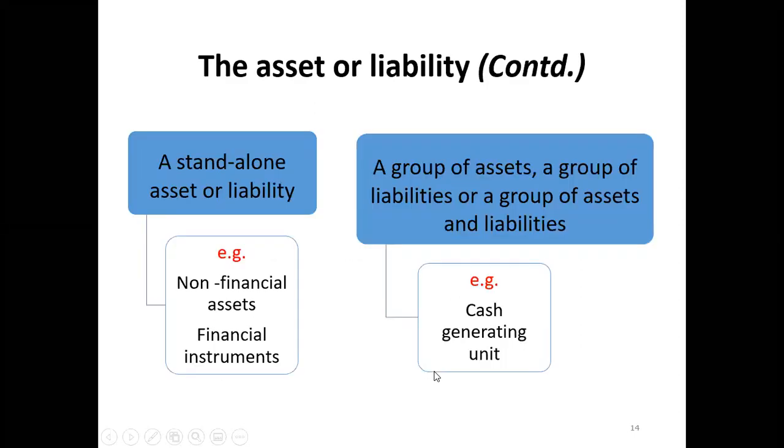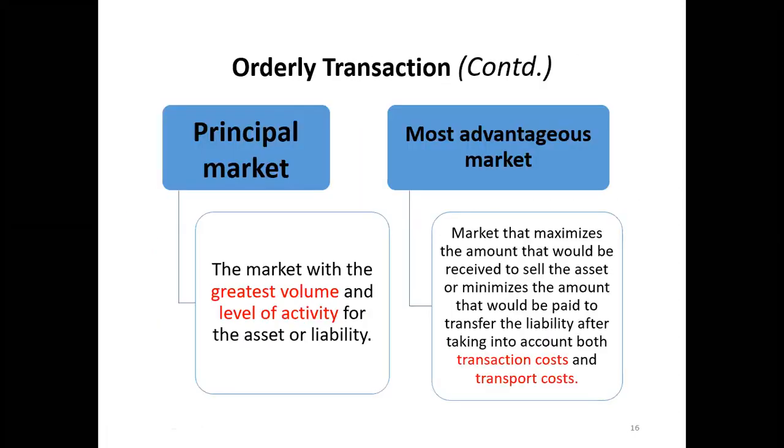This fair value is decided in either of these markets. In the sense, the very first thing you need to look for, for a particular asset or liability, if there is a principal market, you need to take the exit price in the principal market. That is what we call the fair value.